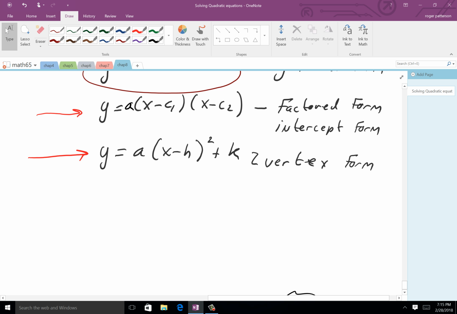Now, one thing we have to be careful of is here, this is an X minus H. So if H is a positive number, what that looks like right now is Y equals X minus 3.8 squared plus K, which is 0.